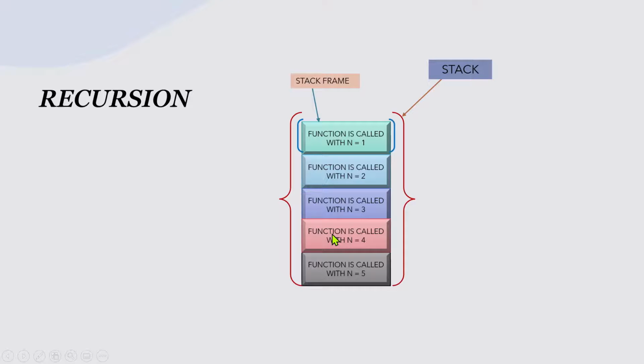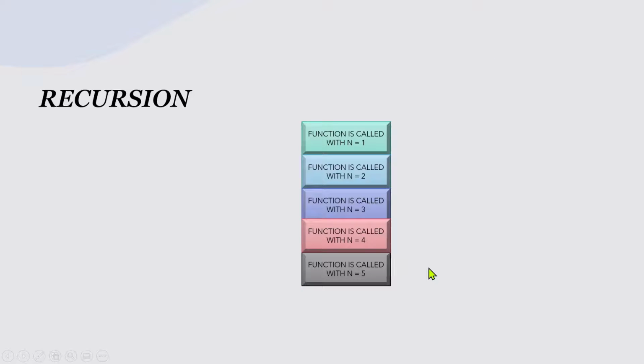Now, when number equals 1, that's when we start the return. So we say if num equal to 1, return 1. So then the value returned will be 1, and this stack frame will be popped off the stack.